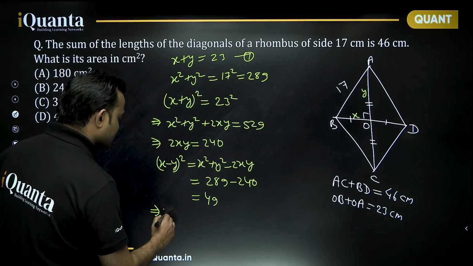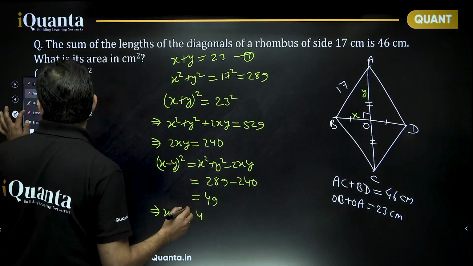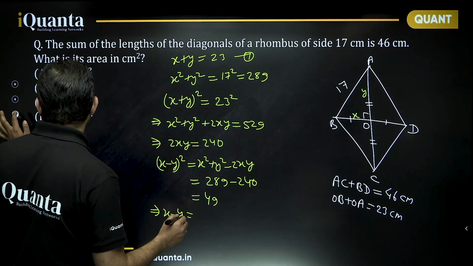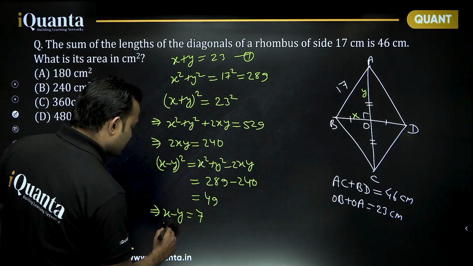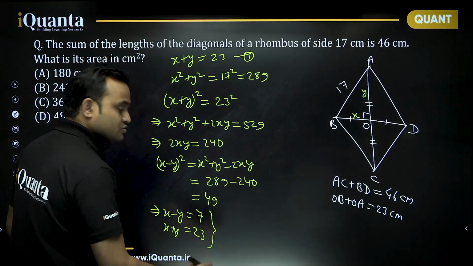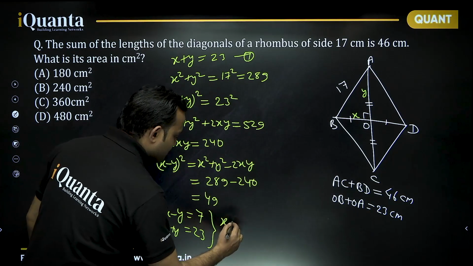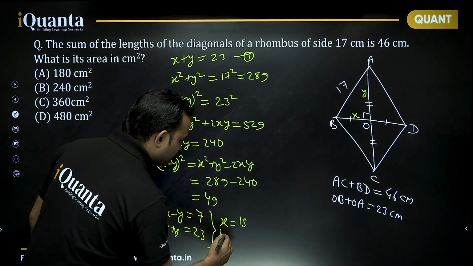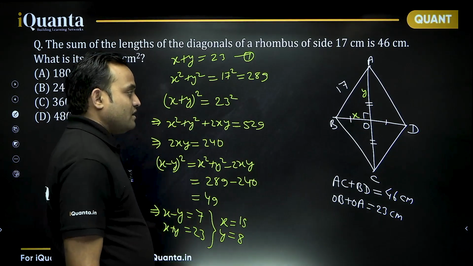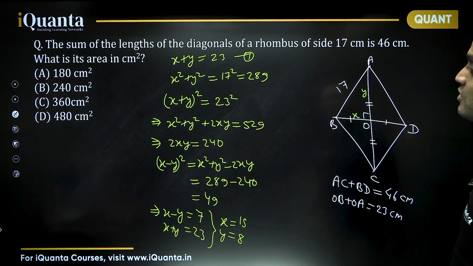Or we can say x minus y is equal to square root of 49, which is 7. We already know that x plus y is equal to 23. So if I add these two, can we say 2x is equal to 30, or x is equal to 15 and y is equal to 8? So we got the length of OB and OA.